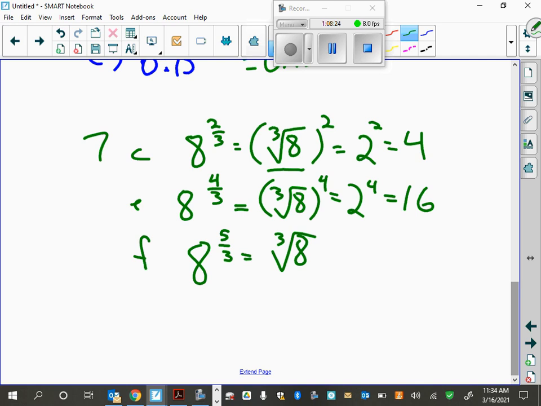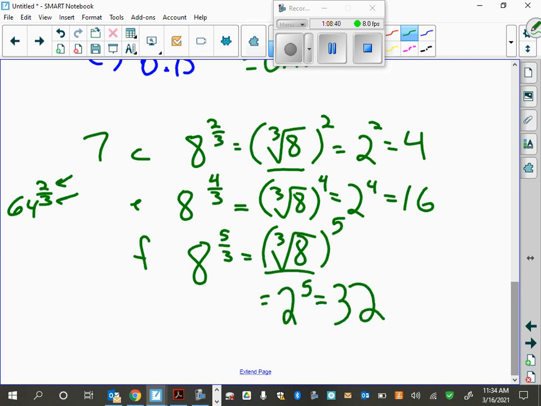No, not necessarily, because if you have 64, you can take the square root and the cubic root. So don't just think that. You have to cube root the denom. Cubic root of 8 is 2. 2 to the 5th is 32.